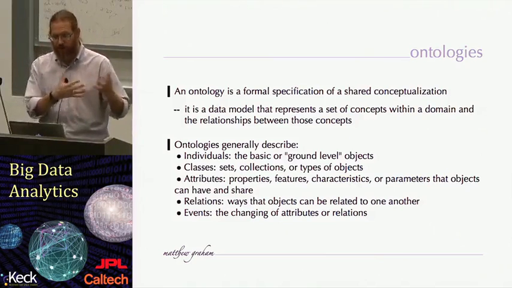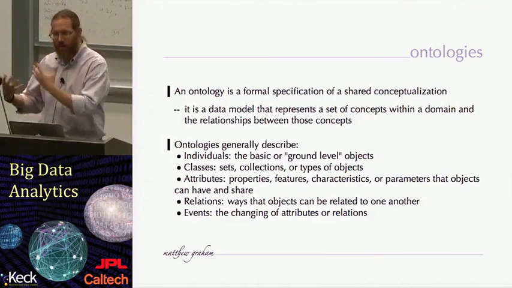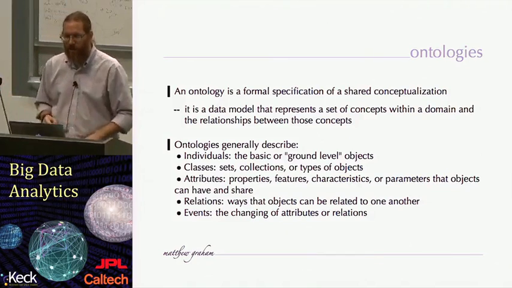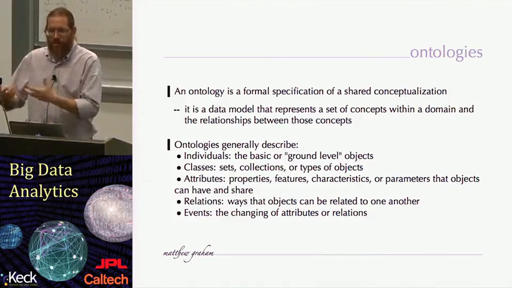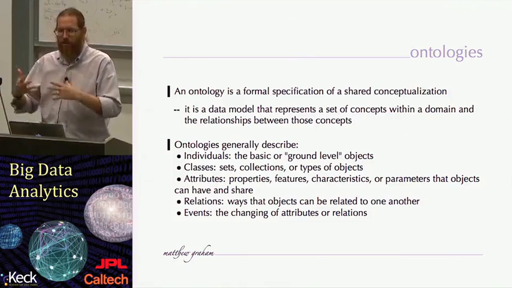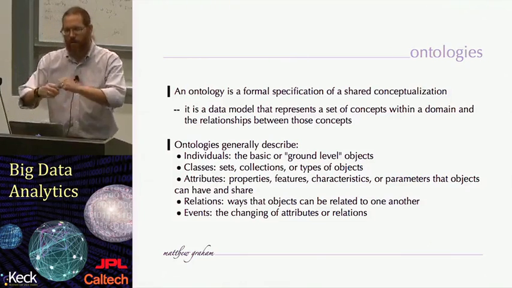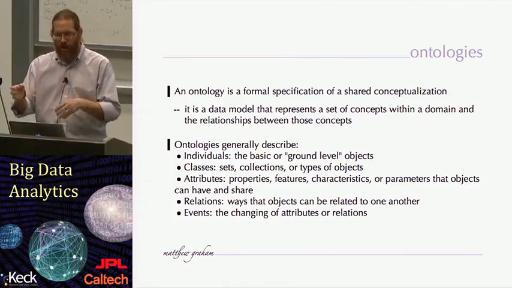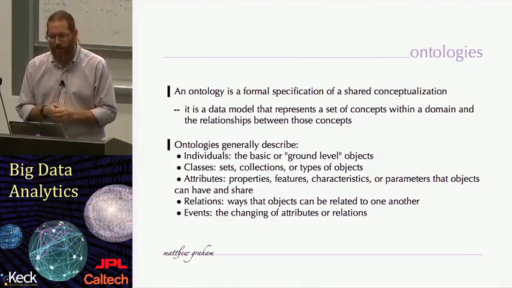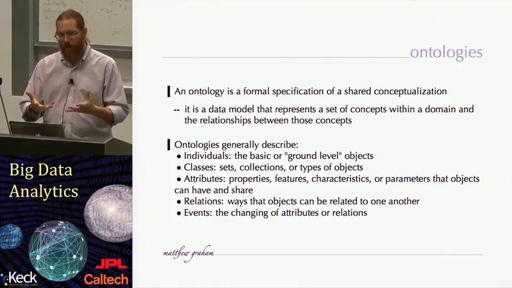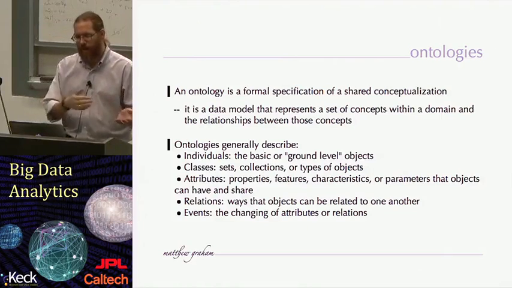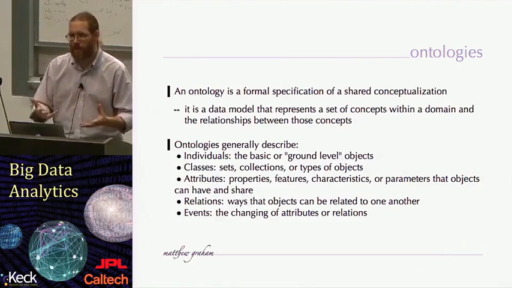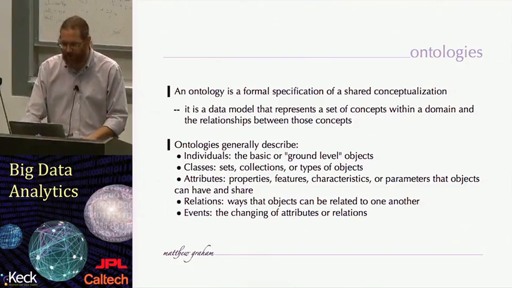You have classes and instances in object-oriented programming. In an ontology, you have individuals and classes. You have attributes that the classes and the individuals have: properties, features, characteristics, those sorts of things. And then you have relationships which you use to associate all of those together. And then there can be events which define how those attributes or relationships can change in prescribed ways.